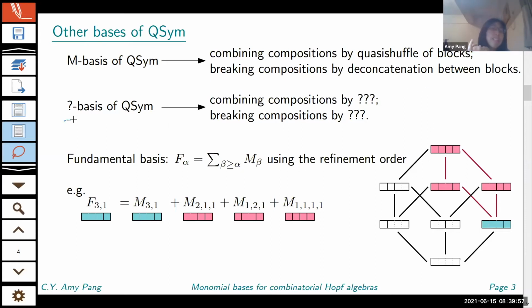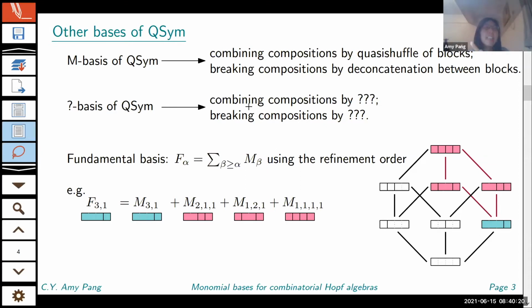But if you chose a different basis, assuming that it has a product and coproduct that still expands positively, you're going to see a different rule for combining those composition diagrams and for breaking up the composition diagrams.